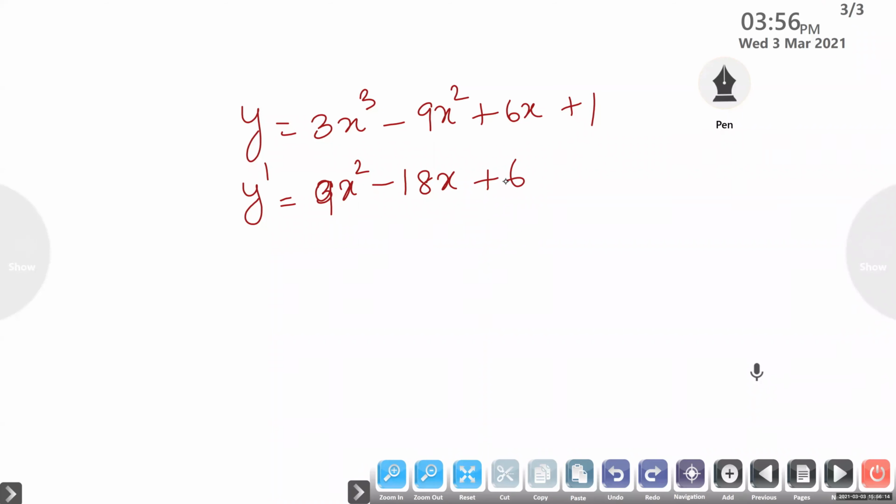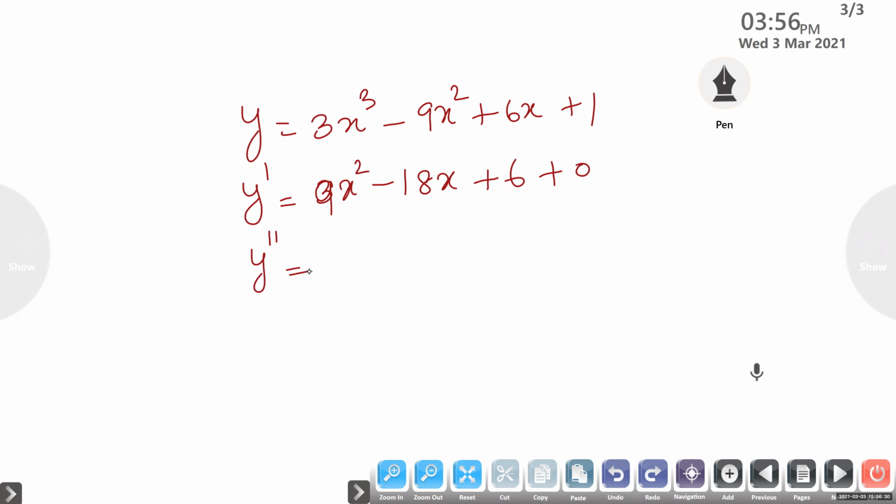X cube, if you differentiate, is 3x square. X square, if you differentiate, is 2x. Derivative of x is 1. Constant is 0.